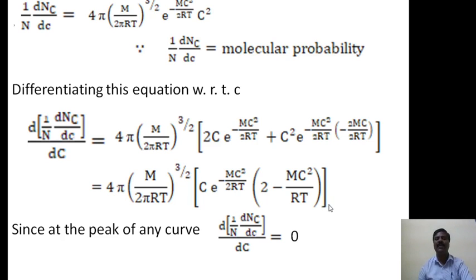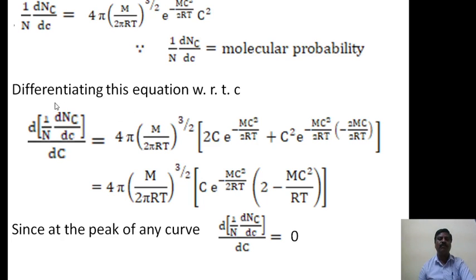Now we have to apply the condition at the peak of the curve, or at the tip of the curve. Any peak means the maximum value. At a particular peak, the change in velocity will be almost 0.